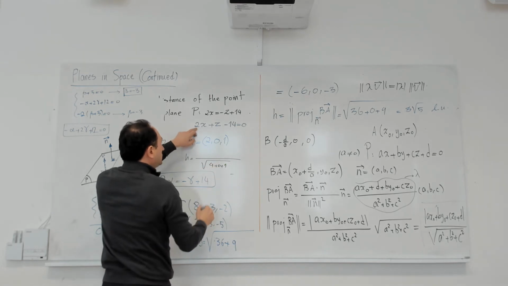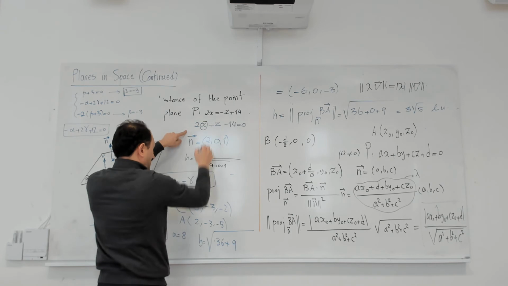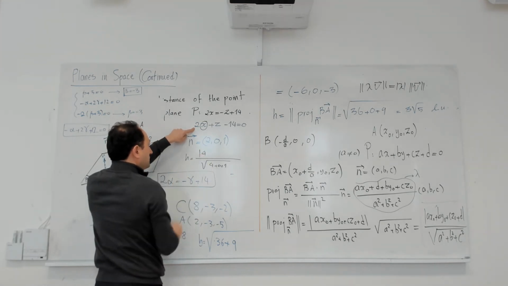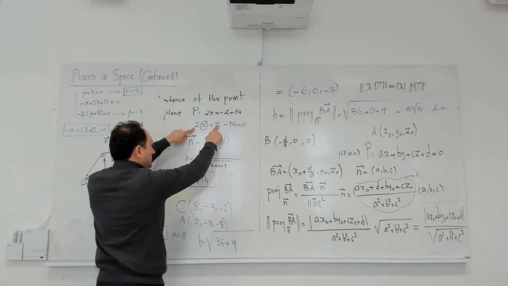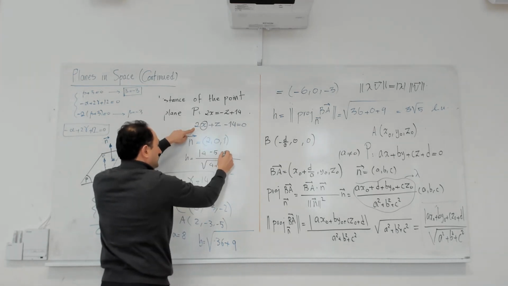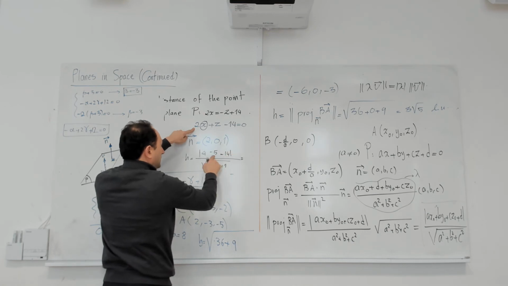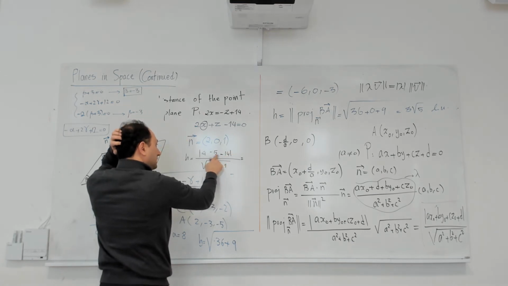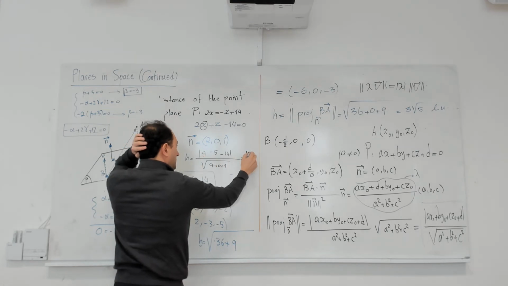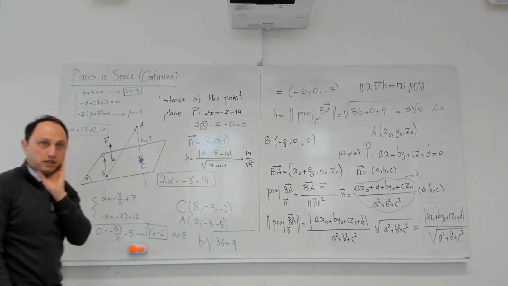In the numerator, instead of x, I put the x of my point, which is 4, with an absolute value on top. Instead of z, I put minus 5, and instead of d, I just put d. If I calculate this, it is minus 15, but the absolute value is 15, divided by the square root of 5. So that's the answer that we get.